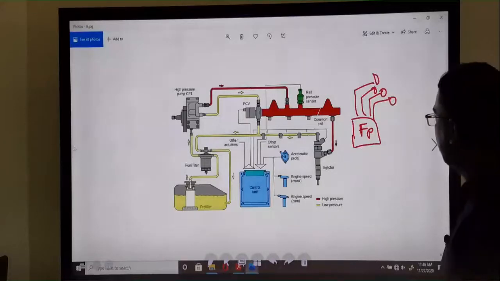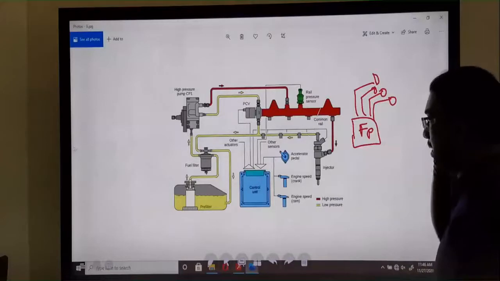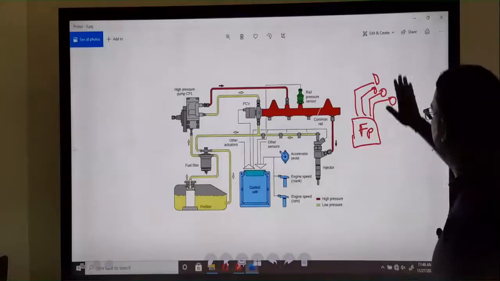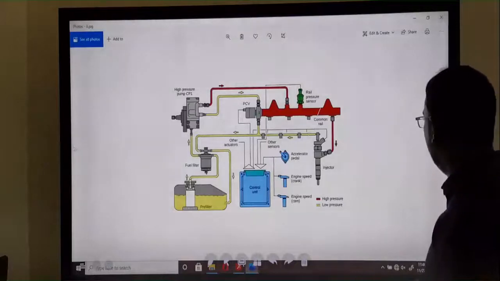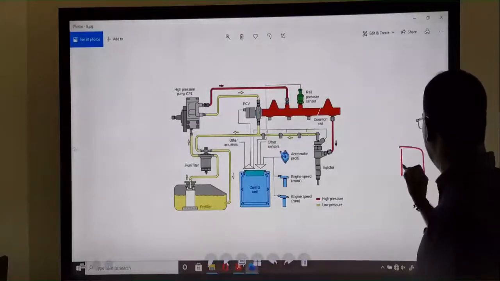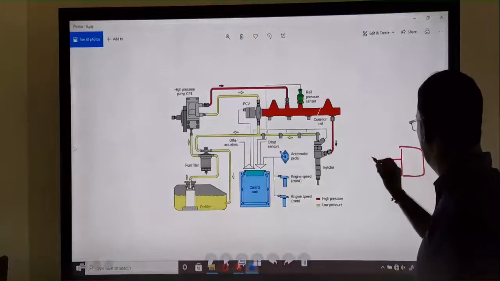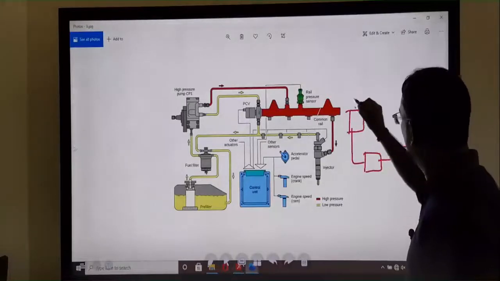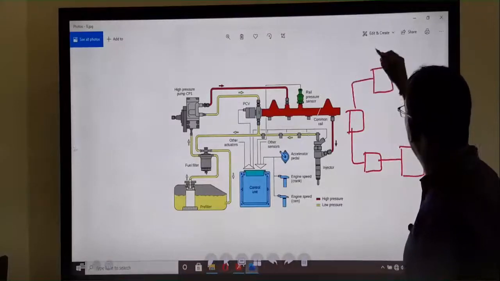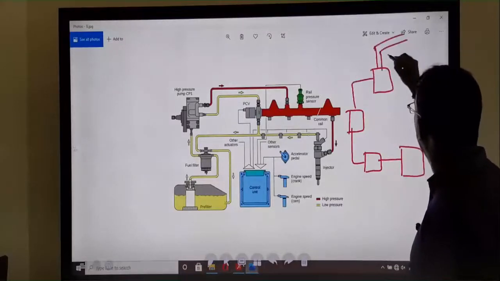Then this type of arrangement, for example: pump and 4 injectors.